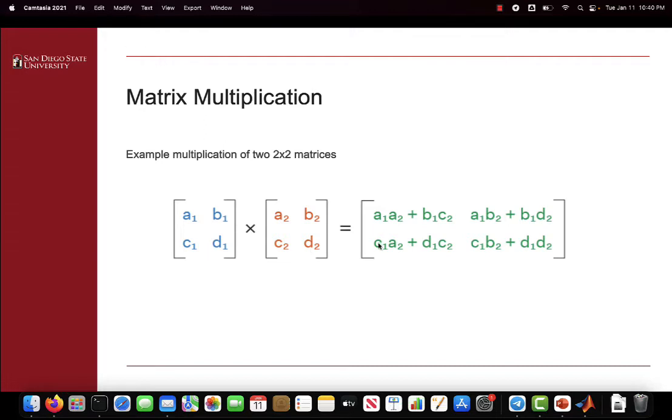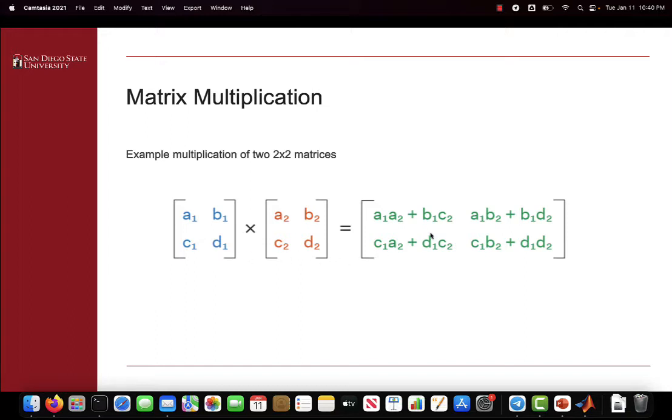And if you want to find the second row and first column of the result matrix, right now we need to multiply the second row of the first matrix and the first column of the second matrix, which is C1 times A2 plus D1 times C2, as you can see here.